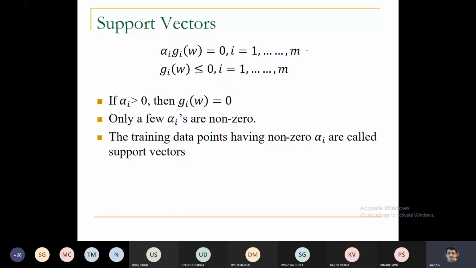Only a few alpha_i's are non-zero, so that is important, and these non-zero alpha_i's are our support vectors.